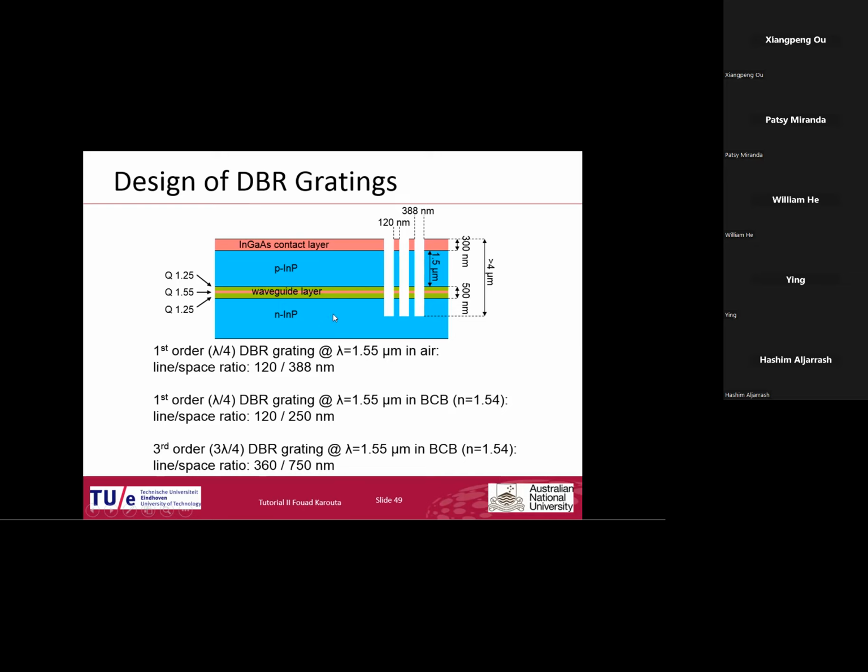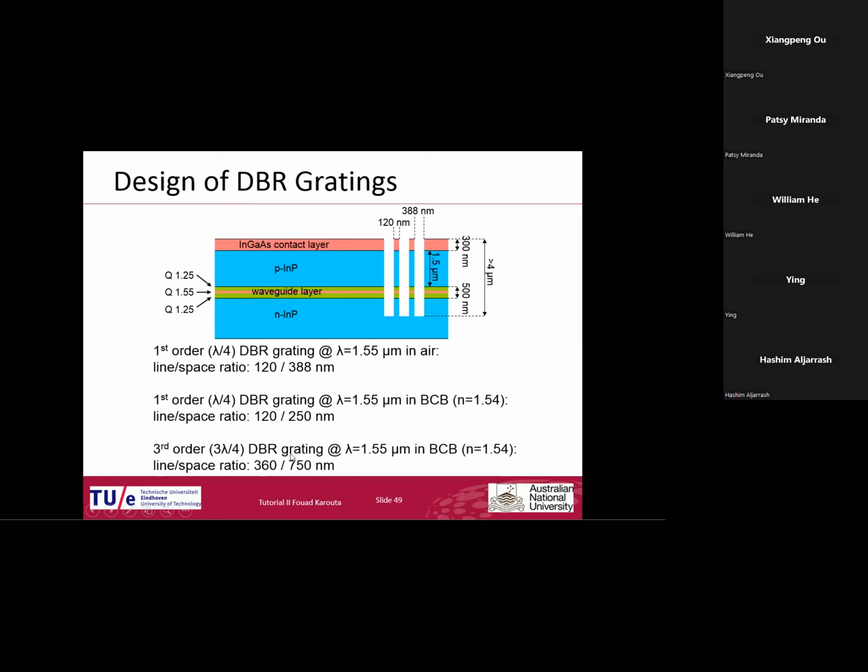And these were the structures we were using for the indium phosphide waveguide. In this case, we have a part which has an active layer to work as a laser, and that was at 1.55 micrometer. We investigated first order DBR and third order DBR.